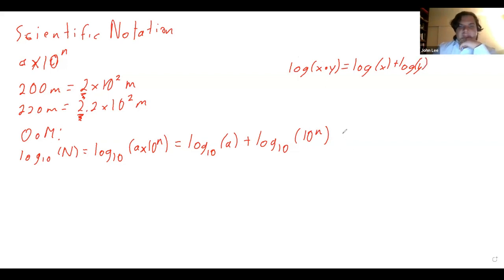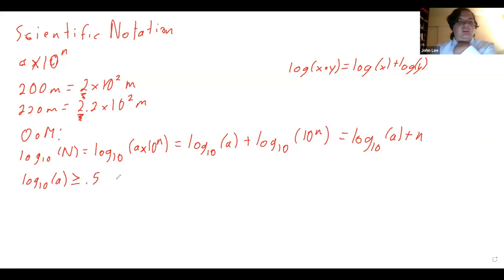Okay, so this is going to be equal to log base 10 of a plus n. So basically, whether it rounds up or down is going to be dependent on this log base 10 of a. So if log base 10 of a is greater than or equal to 0.5, then it's going to round up.